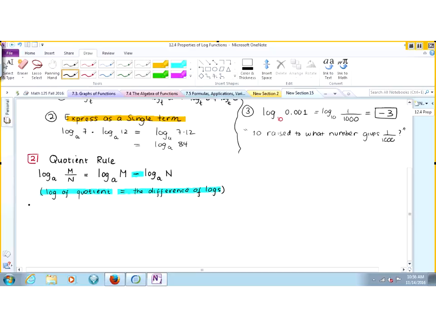Okay. So now what we want to do is express each as the difference of logs.